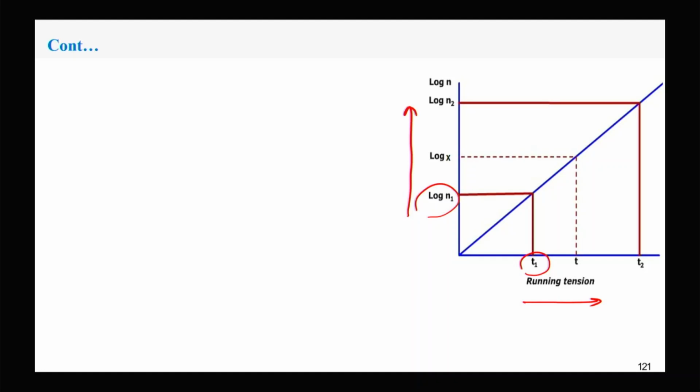So if we take the y-axis as log of breakage, number of breakages per unit length, and the x-axis as the tension, they will be related as a straight line, where the slope of the line can be calculated.